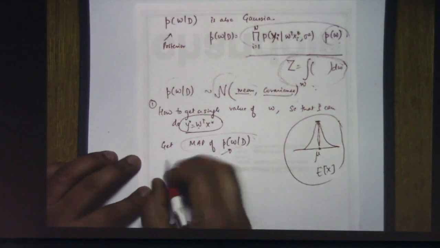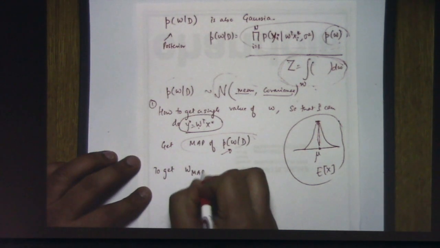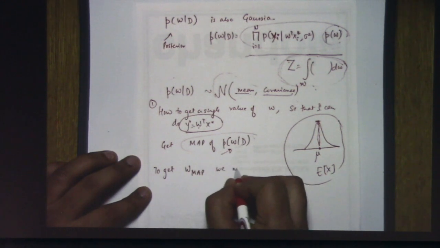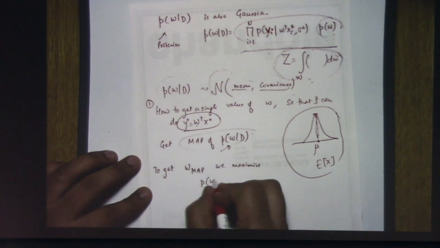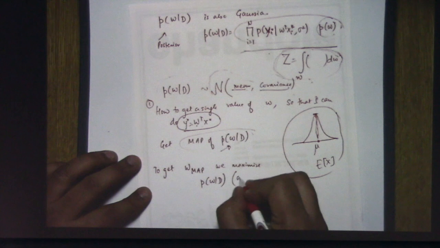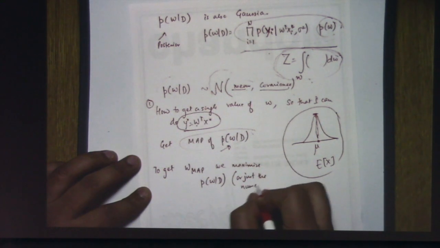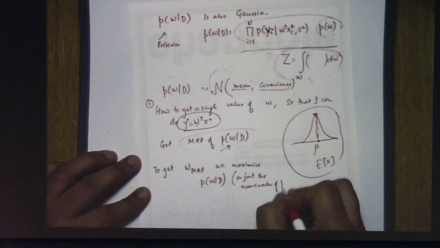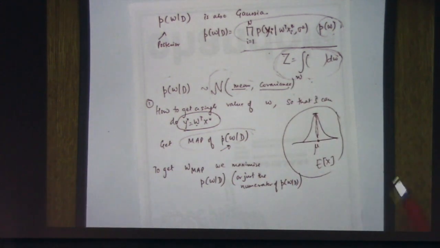So to get W MAP, we maximize P(W given D), or just the numerator of P(W given D), because we don't even have to compute this Z at all.